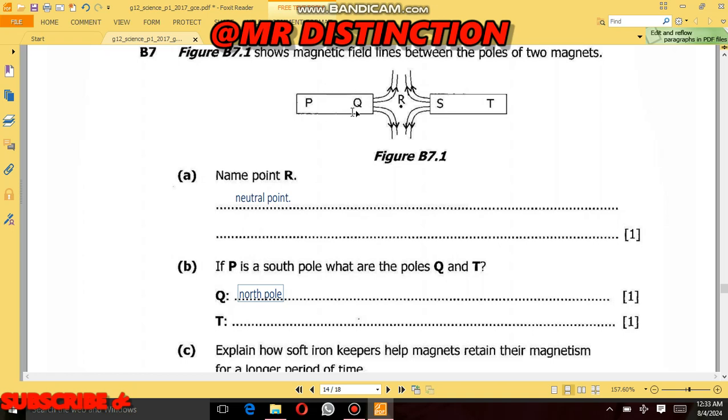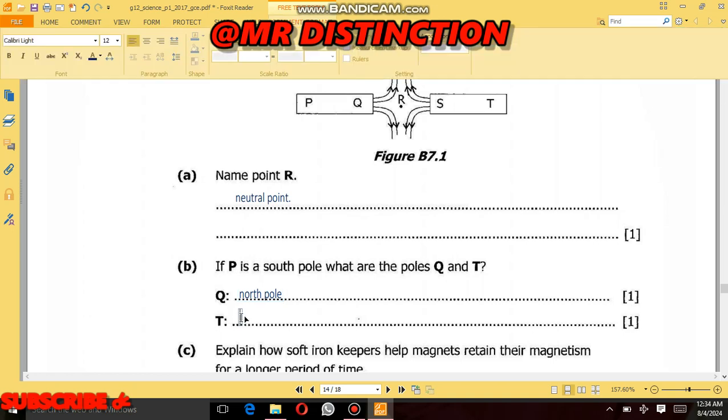And if this is a north pole, it means even this one is a north pole. And remember, at first I said that each and every magnet has two poles. If this is a north pole, then this one is a south pole. And that was the answer for T. T is a south pole.